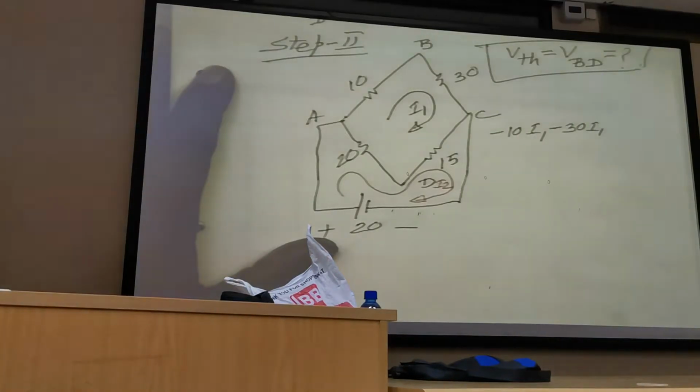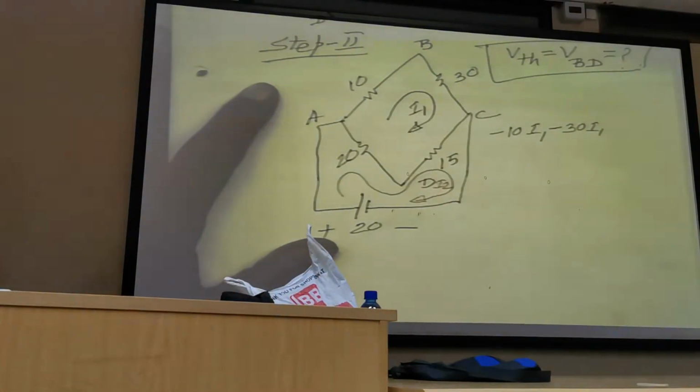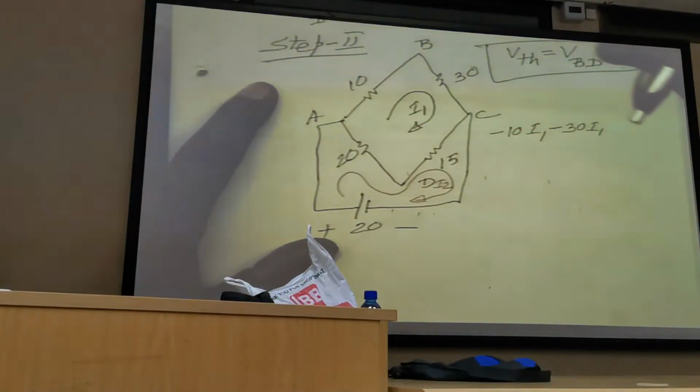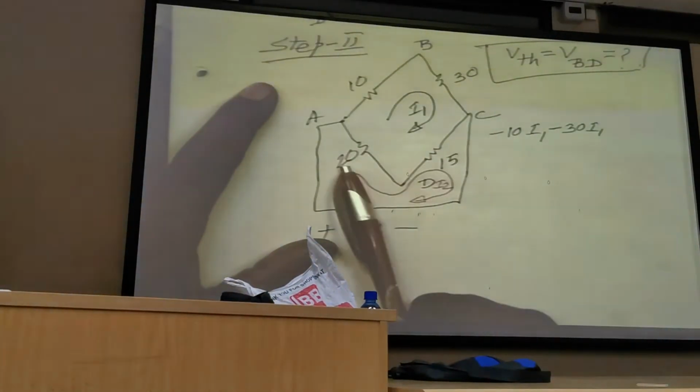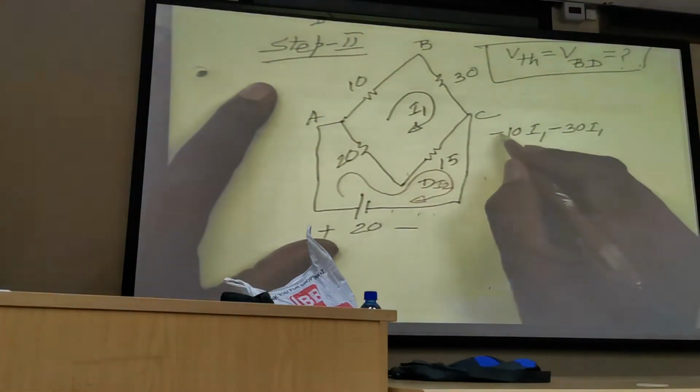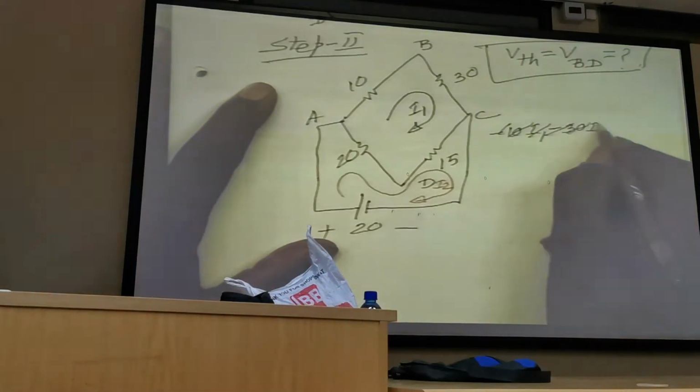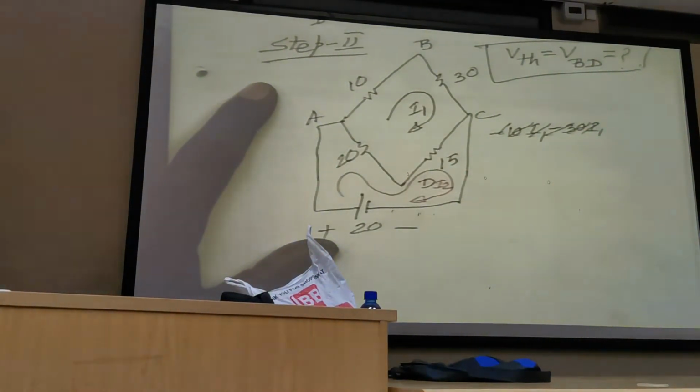To be honest, we are not applying mesh analysis exactly, but in mesh analysis, where the I1 is flowing, we just add up all the resistance. Don't we do that? We do that. So in I1, 10 plus 30 plus 15 plus 20. I am going to erase that because I don't have a pencil.